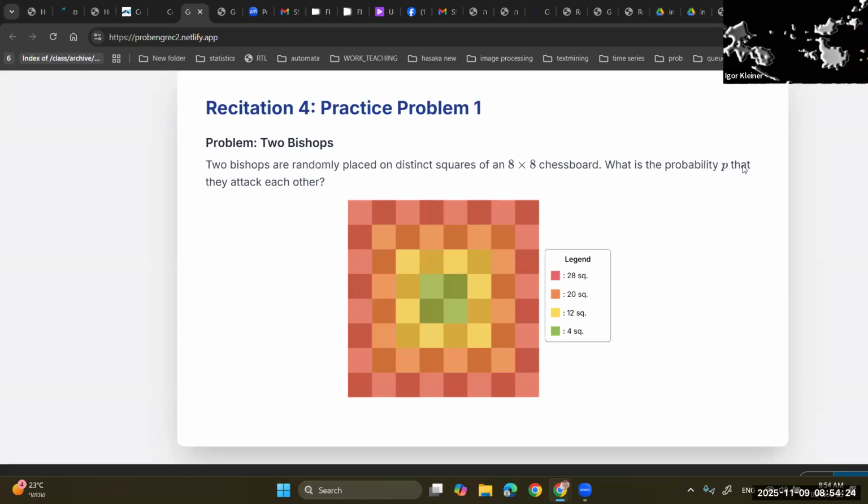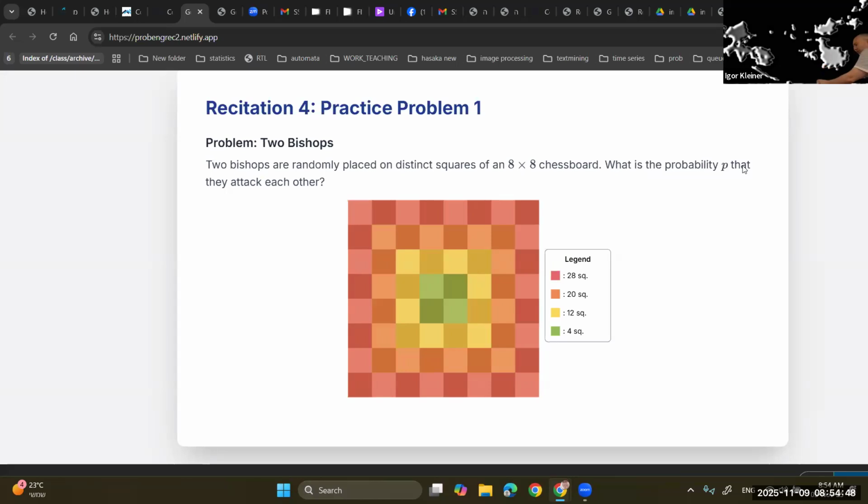Excellent. Now let's try to understand this question. Suppose the first bishop will stay here, for example, in the corner. It's only an example. In this case, how many squares will he attack? I can count: 1, 2, 3, 4, 5, 6, 7.